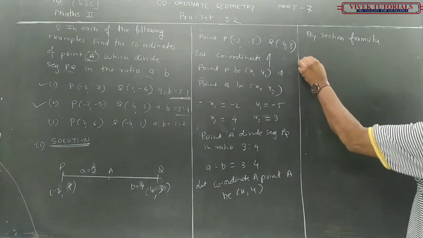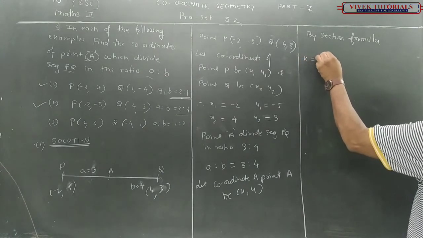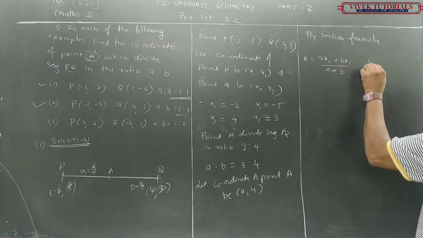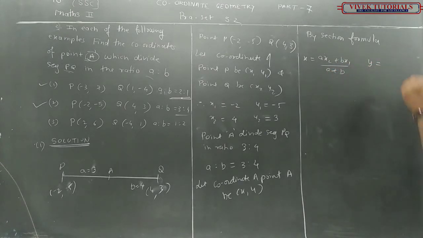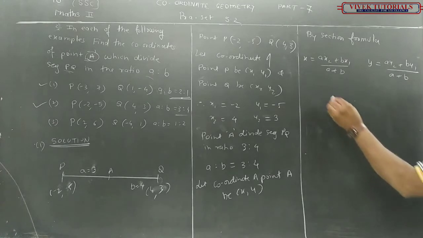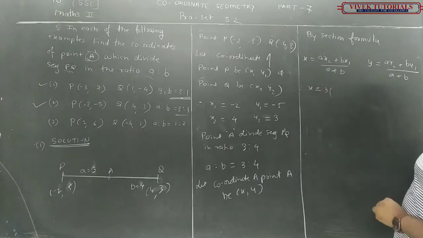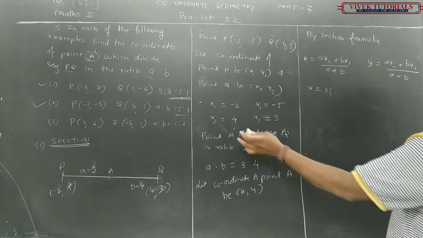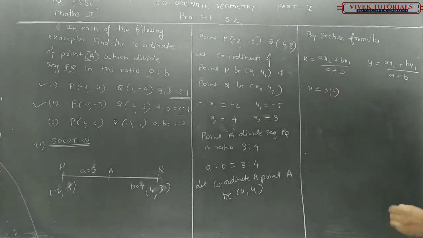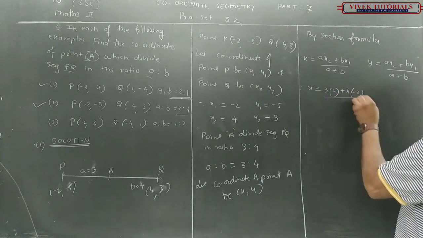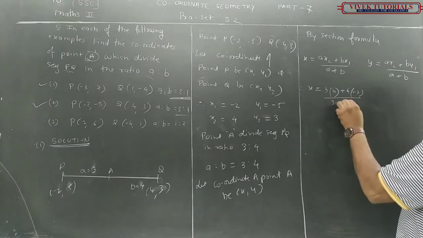So x is equal to a x2 plus b x1 upon a plus b. Y is equal to a y2 plus b y1 upon a plus b. Therefore, x is equal to value of a is 3 and x2 is 4 plus 4 into minus 2 upon 3 plus 4.